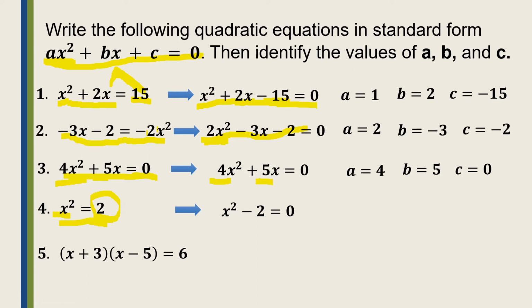Mauuna ang quadratic term, we have x squared. Walang linear term, kaya sunod ang tawag dito, constant term. So, the standard form is x squared minus 2 equals 0.